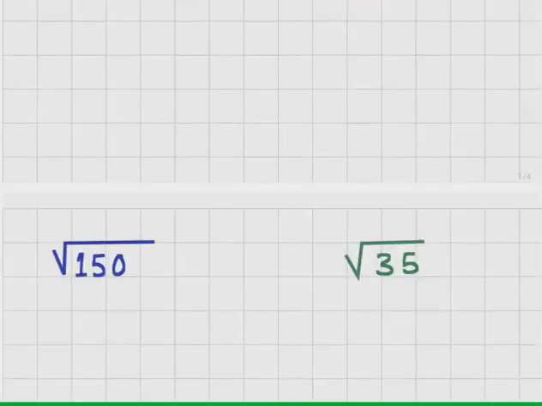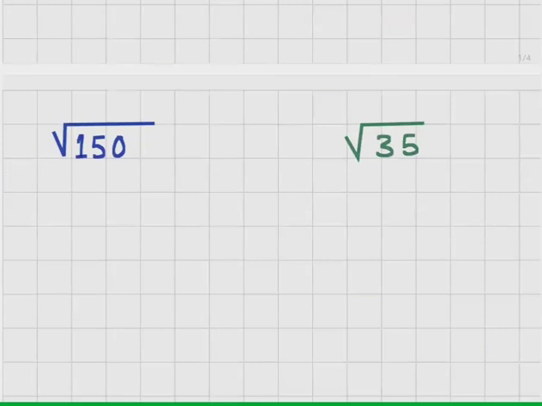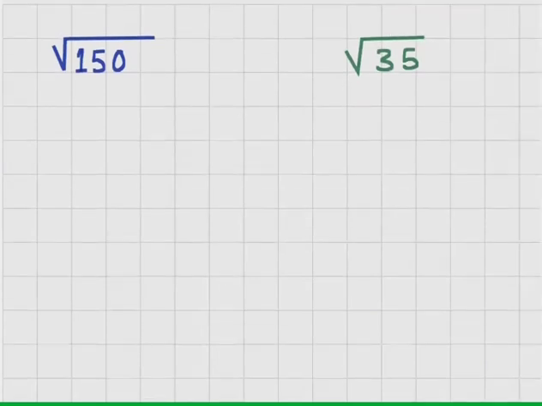Okay, taking a further look at more examples, we have the square root of 150. Now, there are some numbers where it is really not possible to have the magic combination, a square number and a prime number. Take, for instance, 150. Numbers that multiply to give us 150: we have 15 multiplied by 10.